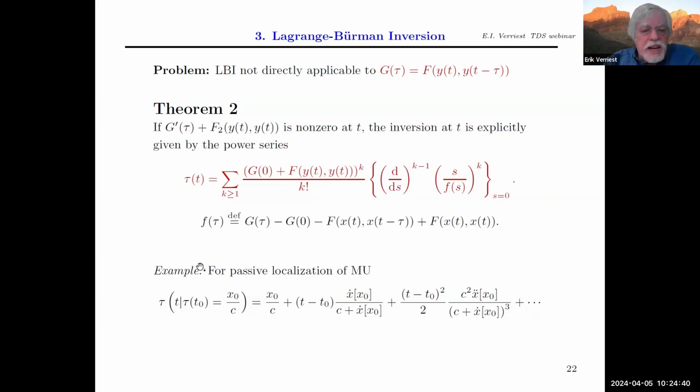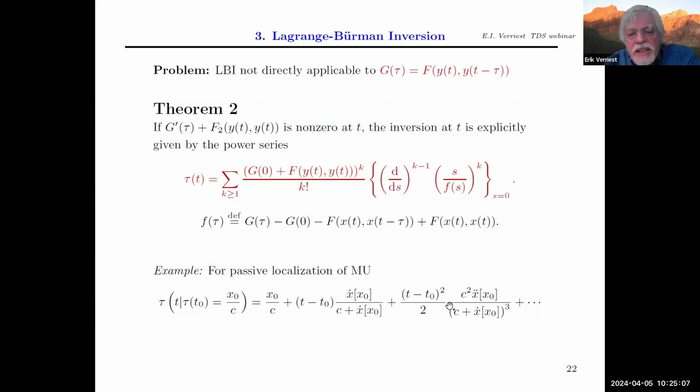And so as an example, for the passive localization of the mobile unit and the landing problem at the ocean, we have, for instance, that tau at time t, given that we had this pinning condition, tau t0 is x0 over c0, is given by this series expansion.